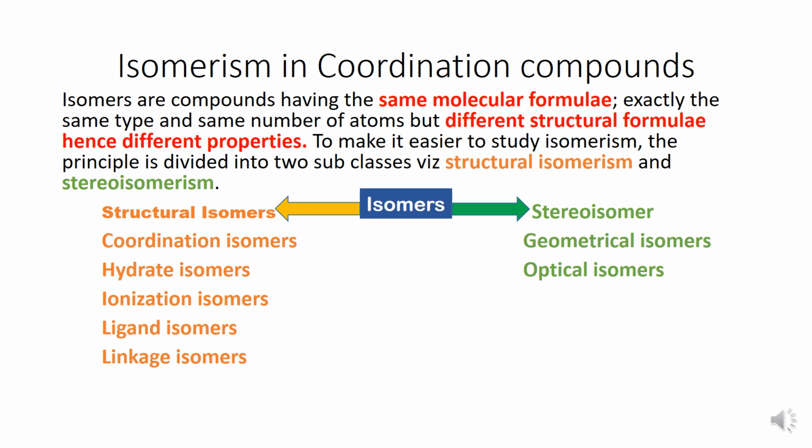The scheme below to my left shows structural isomers, which constitute coordination isomers, hydrate isomers, ionization isomers, ligand isomers, and linkage isomers among the few. And you also have stereoisomers made up of two subclasses, geometrical isomers and optical isomers. We're going to start our discussion looking at structural.